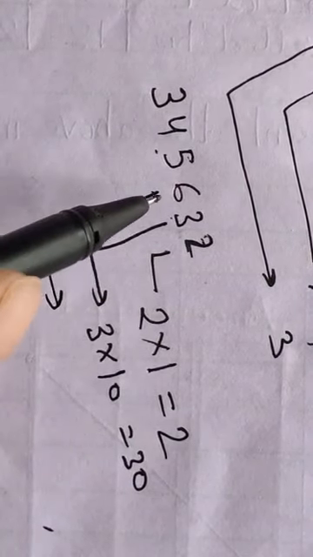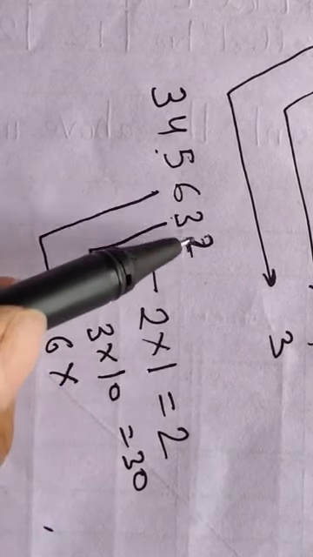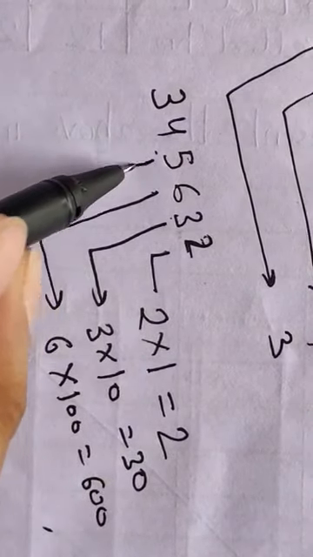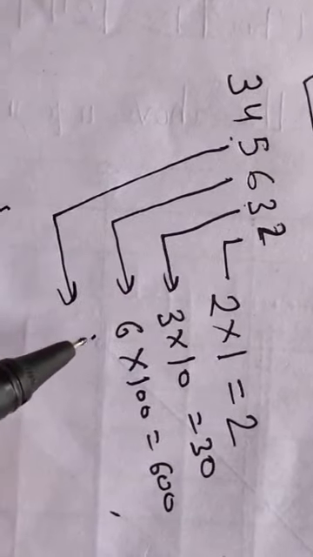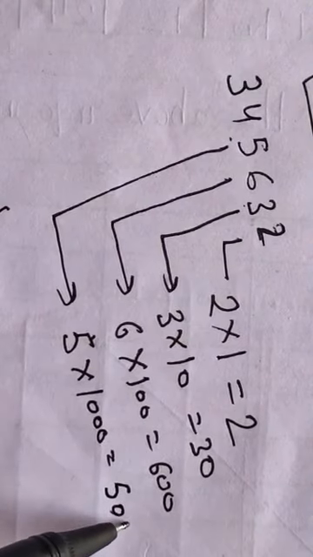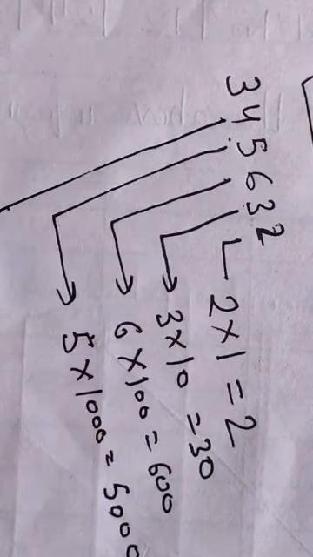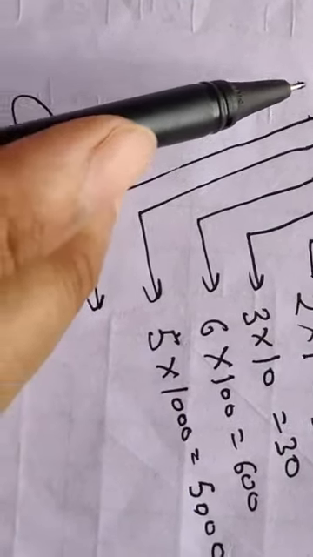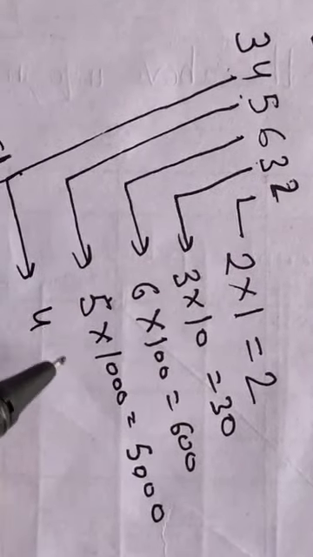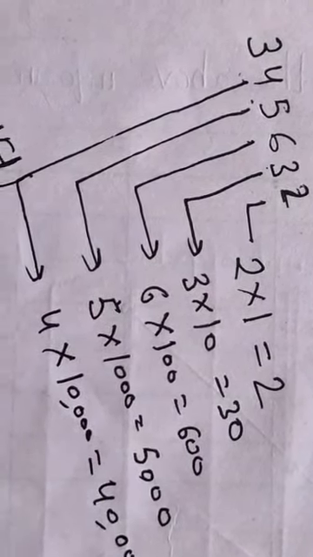Similarly, 6 comes in the hundreds place, so 6 into 100 is equal to 600. 5 comes in the thousands place, so the place value of 5 will be 5 into 1000, 5 thousand. Understood? Same for 4: the face value of 4 is 4. 4 comes in the ten thousands place, so the place value will be 4 into 10,000, which is 40,000.